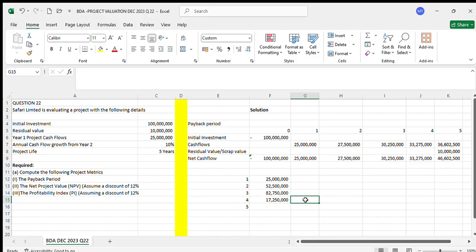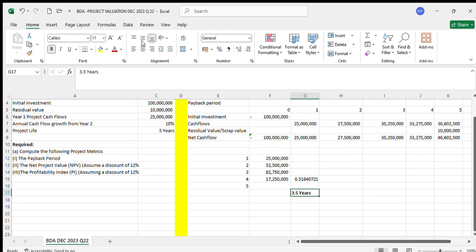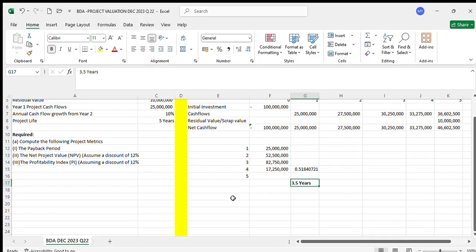So we want to know the fraction we are going to recover, which is 0.5. So 3 full years, 0.5 years. So we're recovering 0.5 years. Now that is the answer for the payback period.